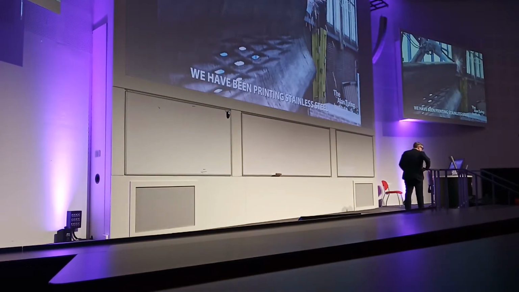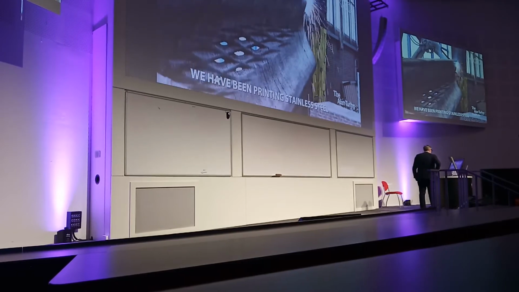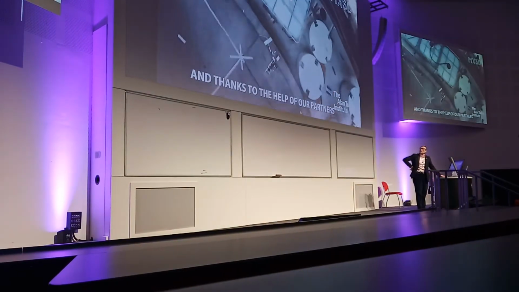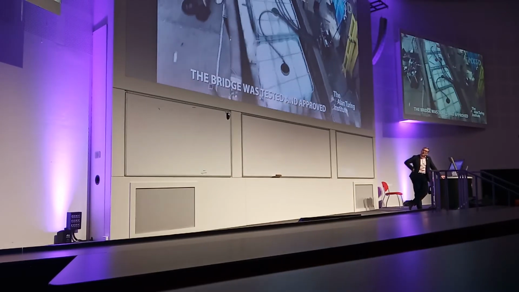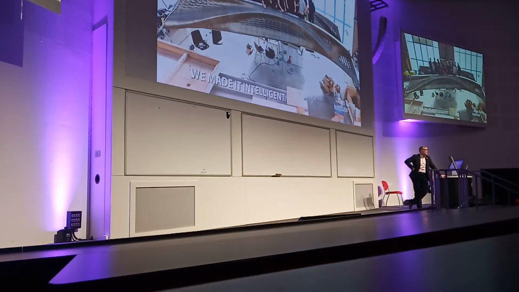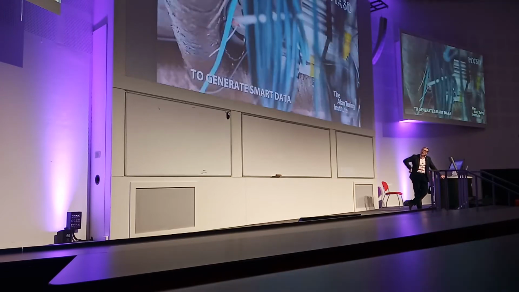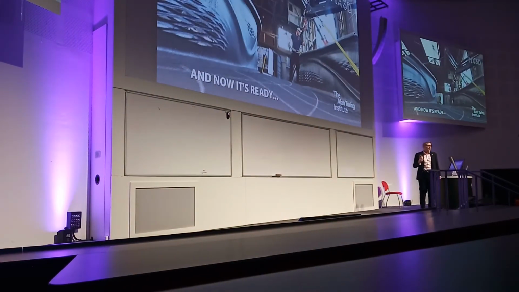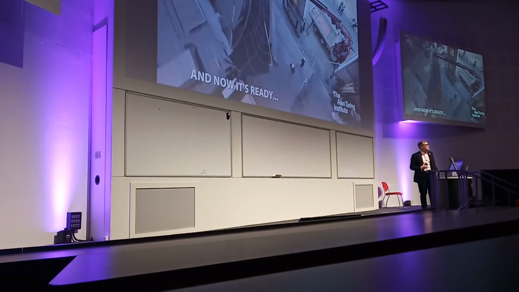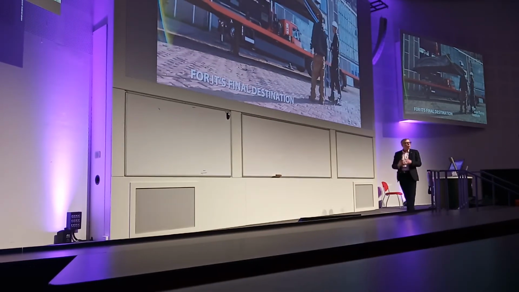This project here is really cool because what this has done is developed 3D printing technology to such an extent that a pedestrian bridge has been 3D printed in stainless steel. It's the world's first.